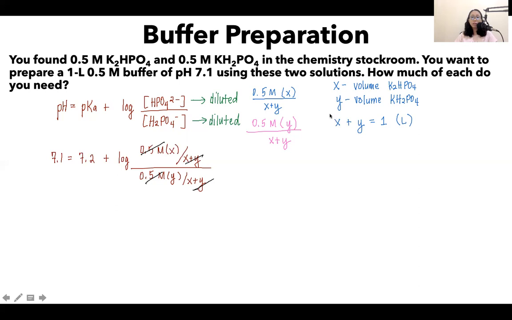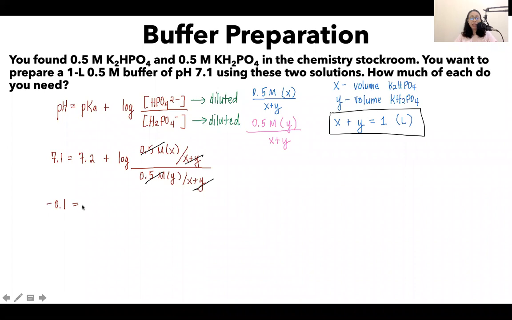And we have this relationship between the two. So we can actually solve for the values of X and Y. It's a system of two equations. So we have here 7.1. This is negative 0.1, so we transpose 7.2.